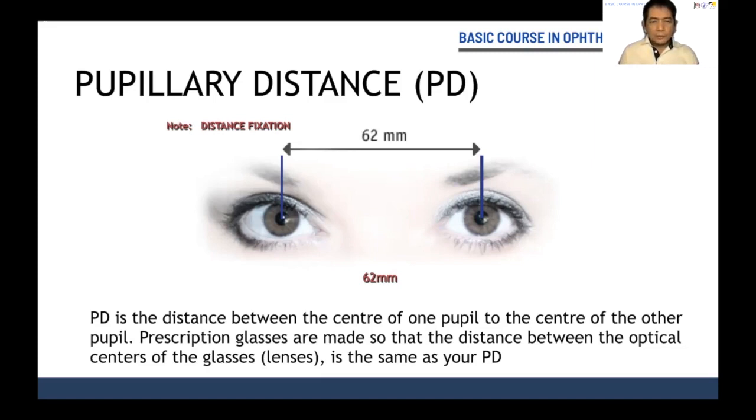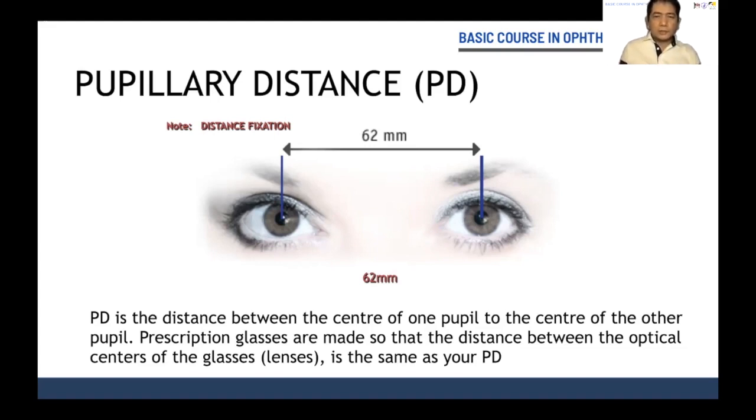In getting the distance PD, you just have to ask the patient to look at the distance and then measure the centers of the right and left pupils. And for near PD, you just have to ask the patient to look at a closer distance or at an object in front of the patient and then measure the centers of the pupils.